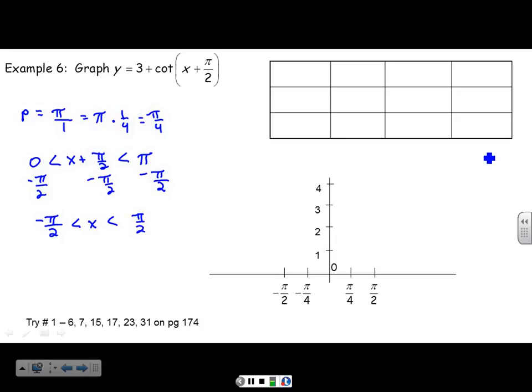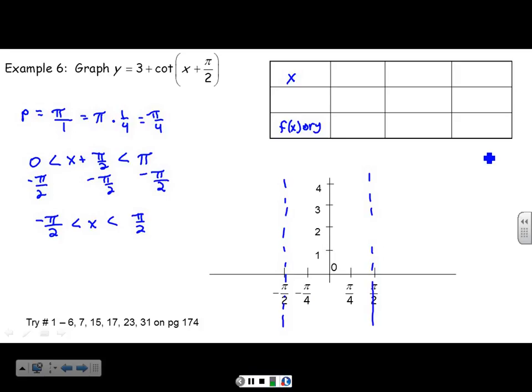Alright, so there's our asymptotes. So we're going to go from negative pi over 2 to pi over 2. And so we need to get our increments. So we're going to have x, and we'll have f of x, or in this case, y.